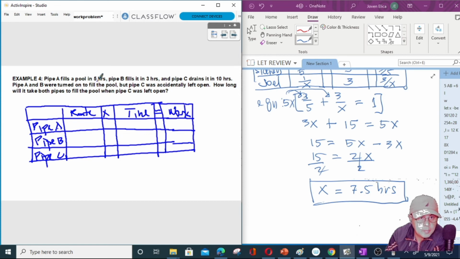Again, to get the rate of pipe A, get the reciprocal of 5. So this is 1/5.